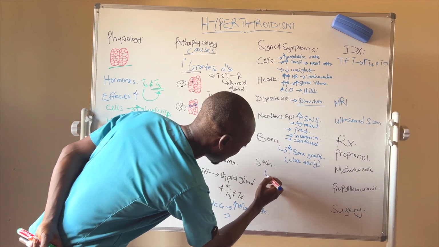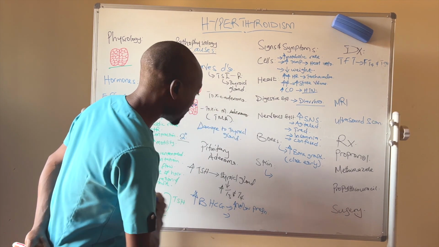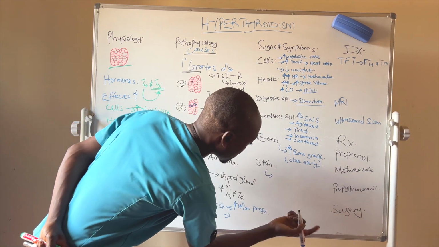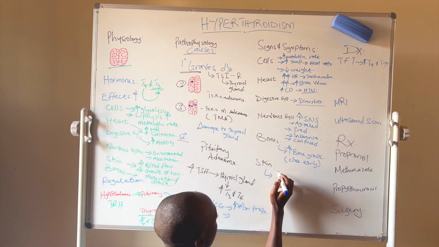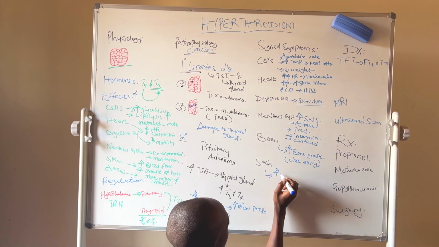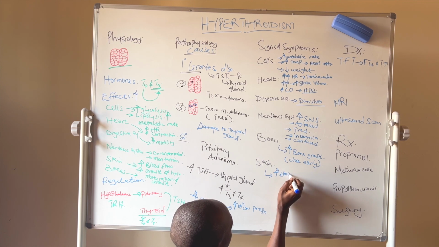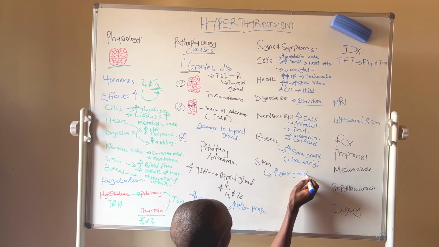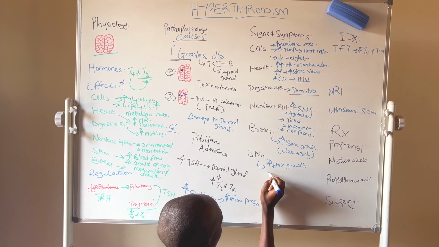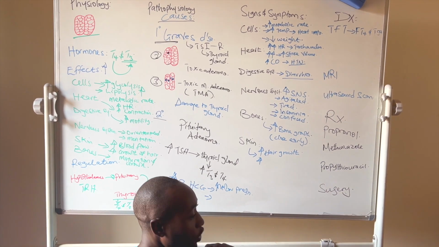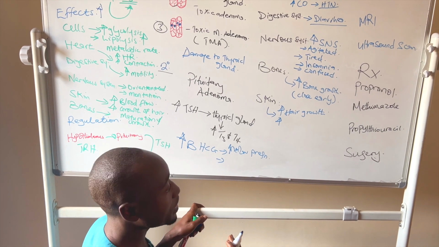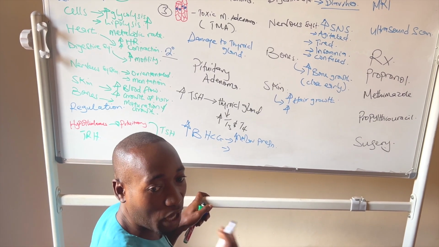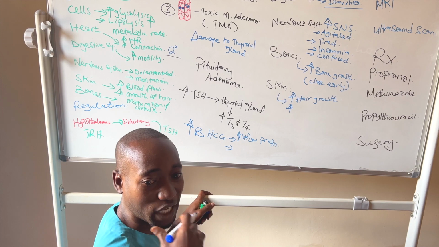Then lastly, on the skin, we say that it increases blood flow to the skin, and therefore we have increase in hair growth. Okay? But also, because when you increase blood flow, you are going to also increase the production of sweat, and also the sebaceous glands are going to become active.